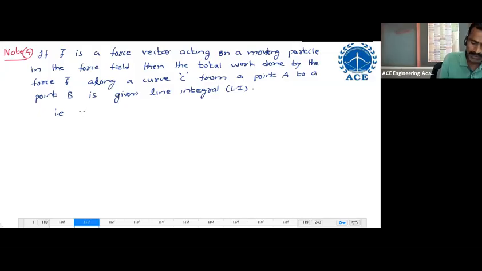That is, work done equals integral over C f bar dot dr bar.